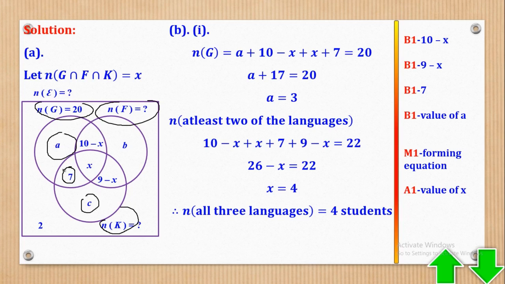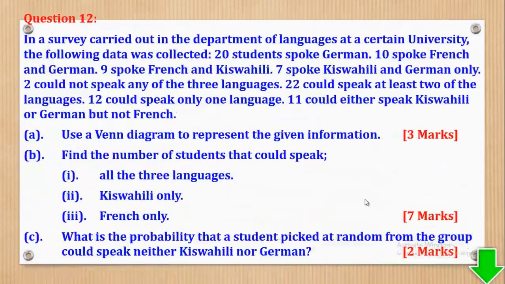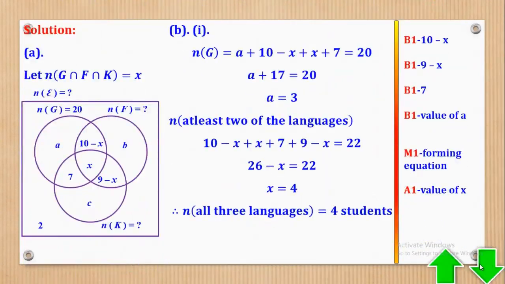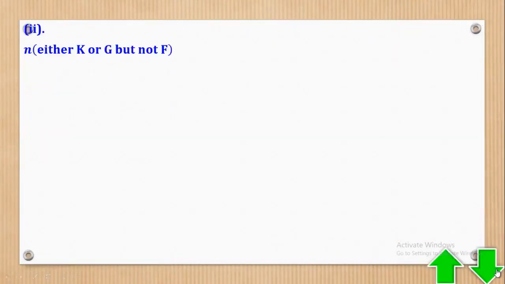So A plus 7 plus C will be equal to the given number, which was 11. So you come here and say that those who speak either Kiswahili or Germany but not French will be equal to A plus 7 plus C and is equal to 11.